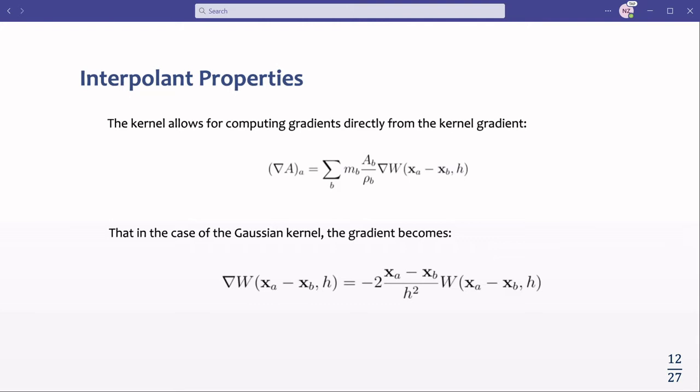This implies making some interpolations spatially to compute this gradient, but in this case, the computation is direct. And if we already know the value of the variable of interest for a particular point, we can compute the gradient at no extra cost. That's the important part of this method.